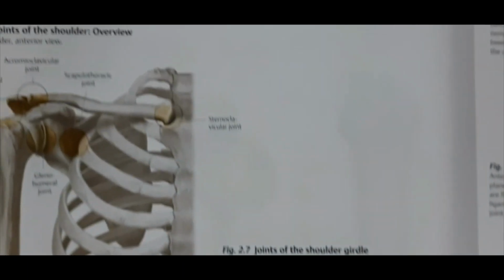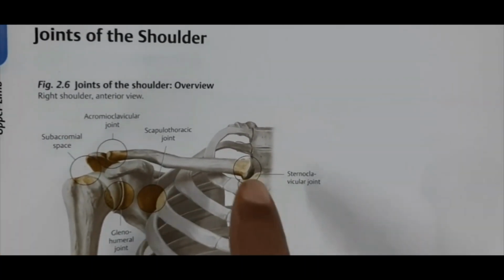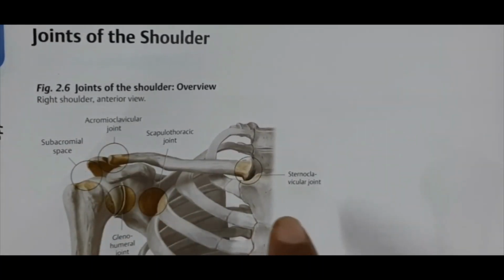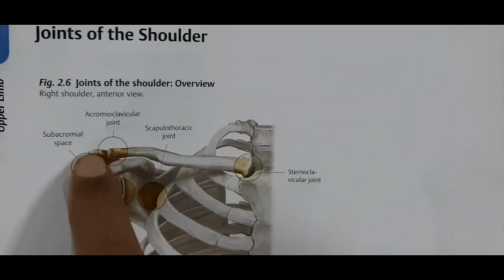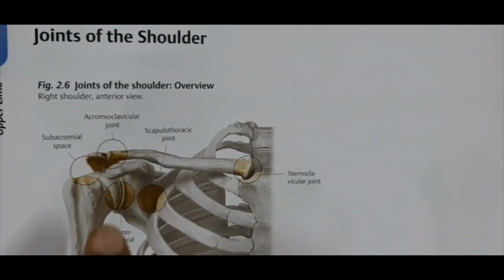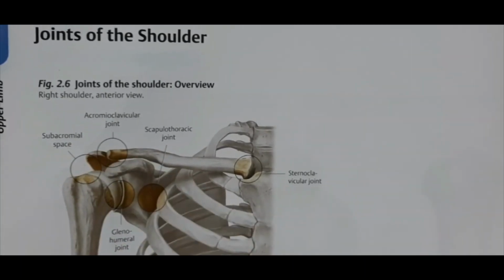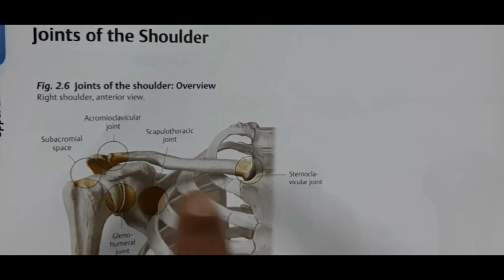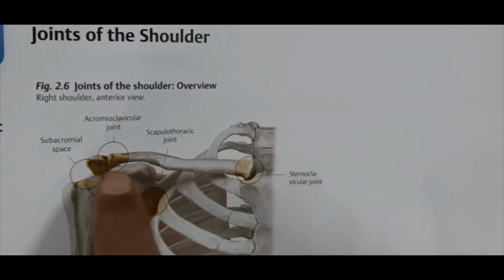Let us see from the atlas of Thieme, where you can see this is the clavicle bone, and on one hand it is attached to the manubrium sterni, and on the other hand it is attached to the acromion process of the scapula, which is not completely seen in this diagram as it is hidden behind.